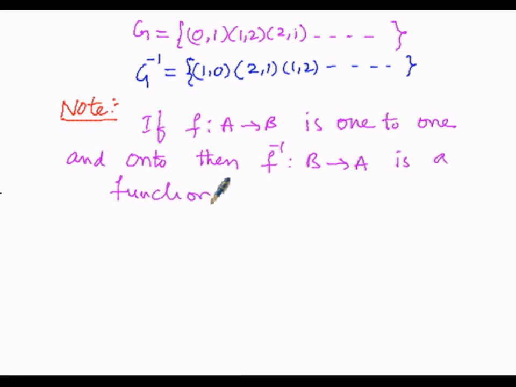That is, if and only if the function f from A into B is 1 to 1 as well as onto, that is a bijection. If f is a bijection, then only f inverse from B to A, obtained by interchanging the x coordinates as y coordinates and vice versa, is said to be a function.